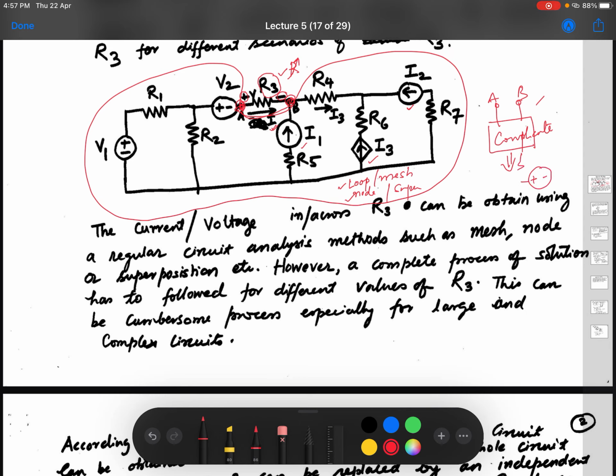Of course, when I say voltage source, I mean a practical voltage source, that is a source and a resistance along with it, and these points A and B.